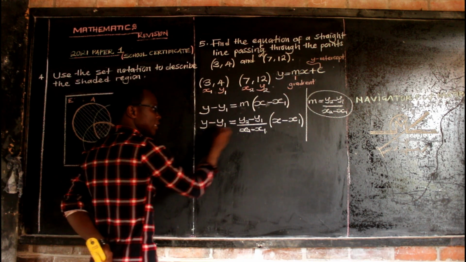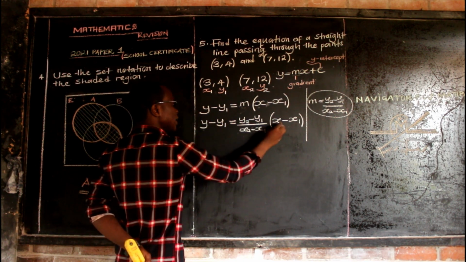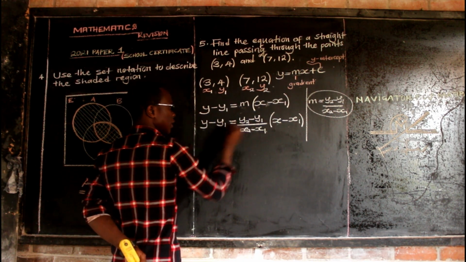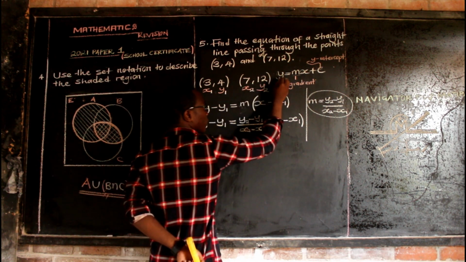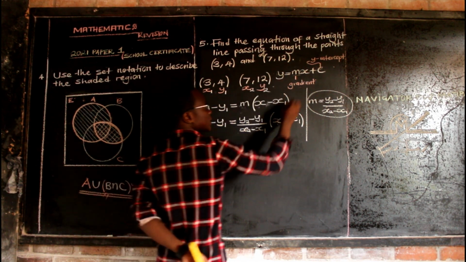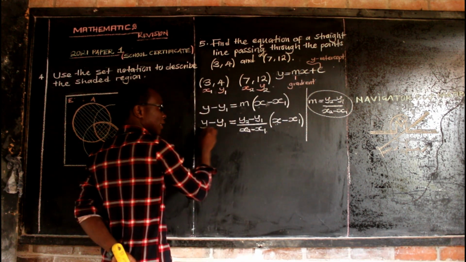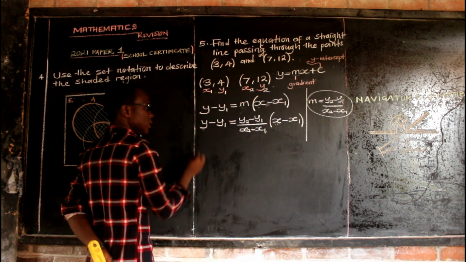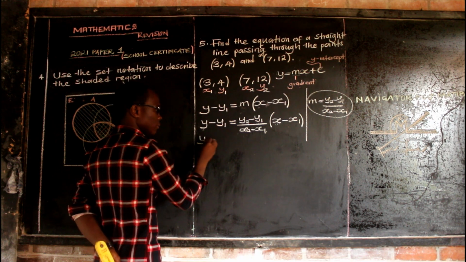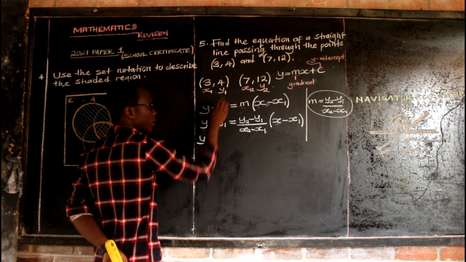Now this y and this x are part and parcel of the formula. Take note, this y is the y we're talking about, and this x is the x we're talking about. So these should be left like this. Just maintain y minus, what is our y1? y1 is 4.